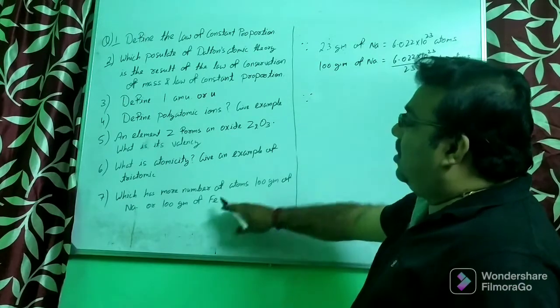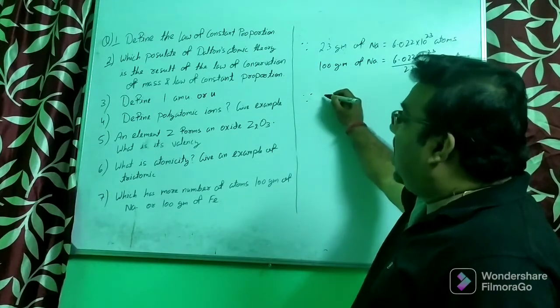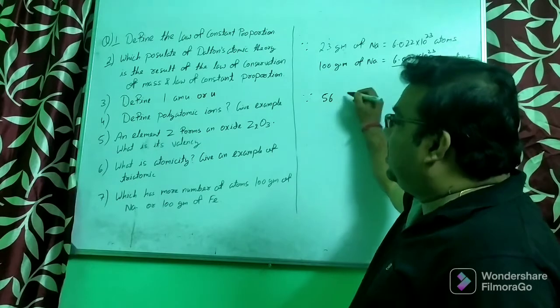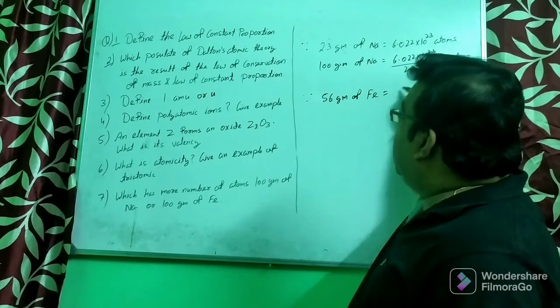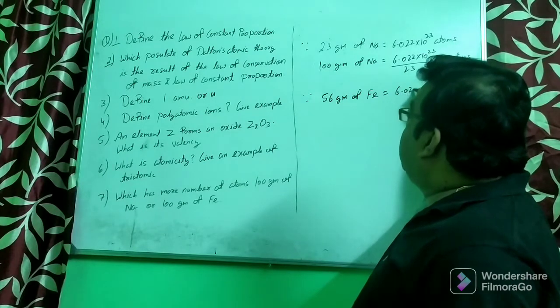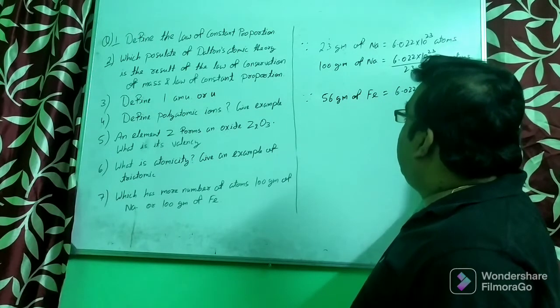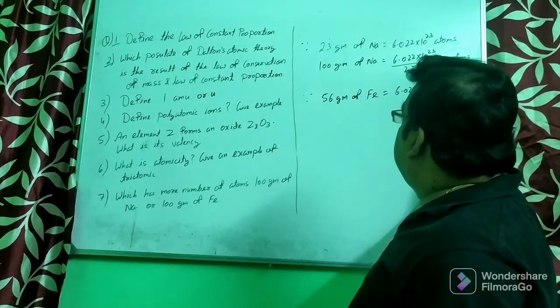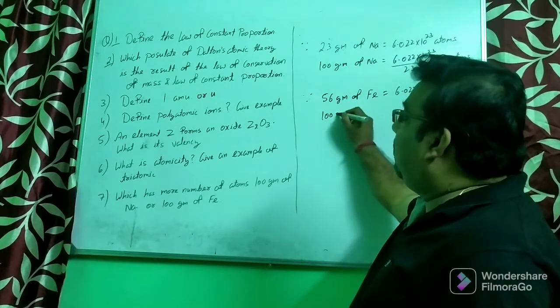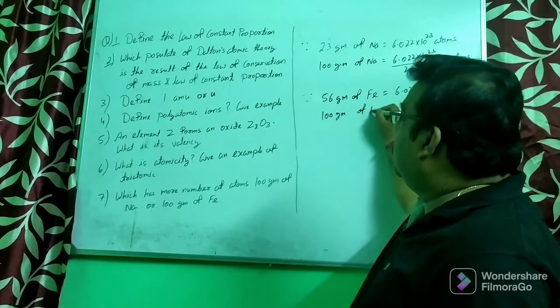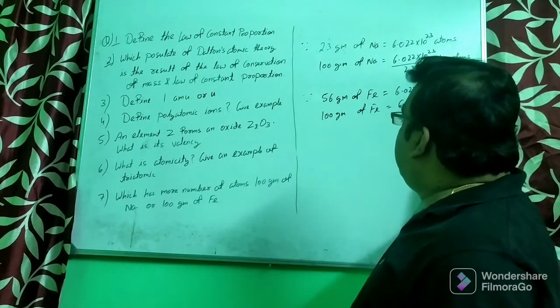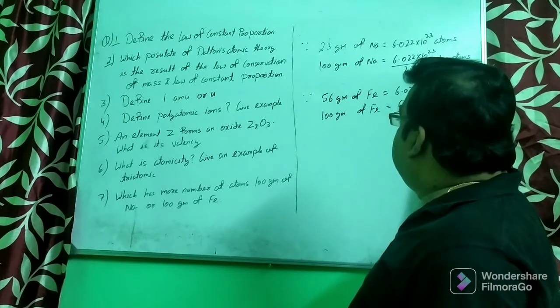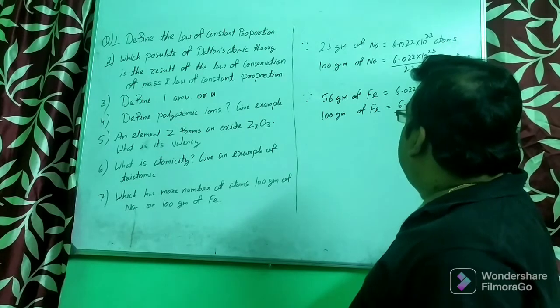Now in 100 gram of iron, since the atomic mass of iron is 56, 56 gram of iron is equal to 6.022 into 10 to the power 23 atoms. So now in 100 gram of iron, that is 6.022 into 10 to the power 23 by 56 into 100 atoms.